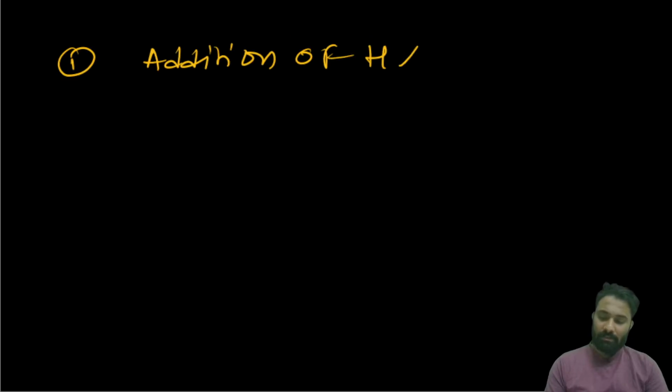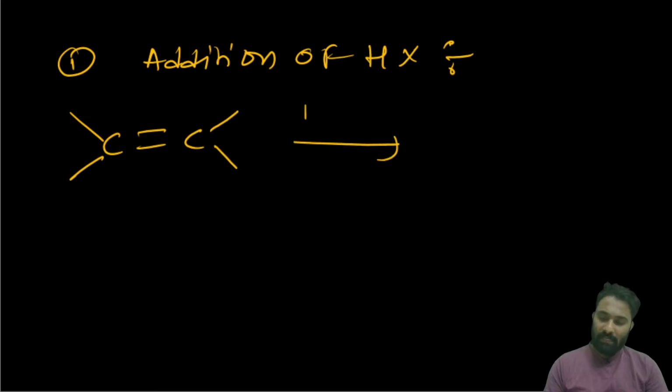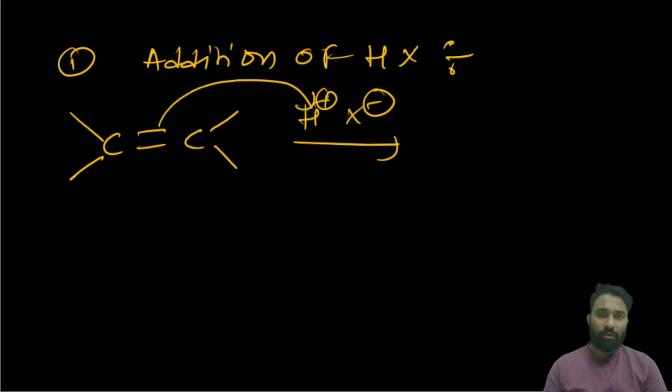First reaction, addition of HX to the alkene. In the addition of HX to the alkene, H plus is one part and X minus is the other. First the alkene will donate its electron pair to the electron deficient H plus.